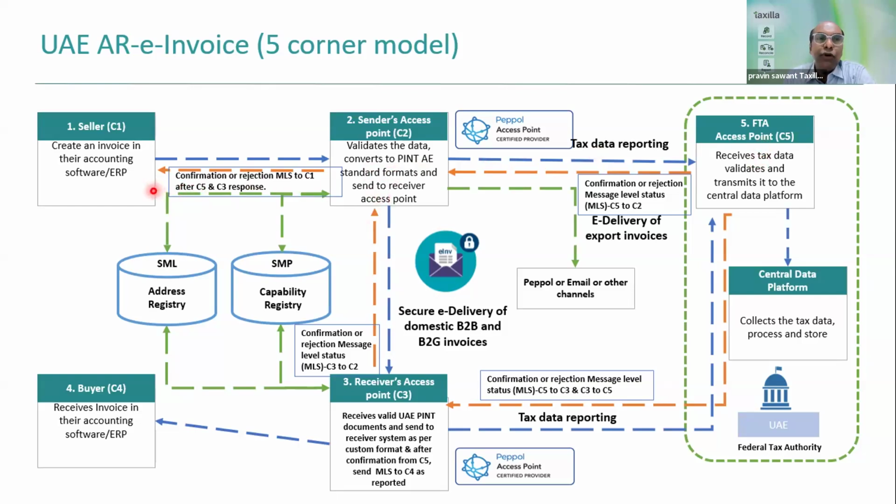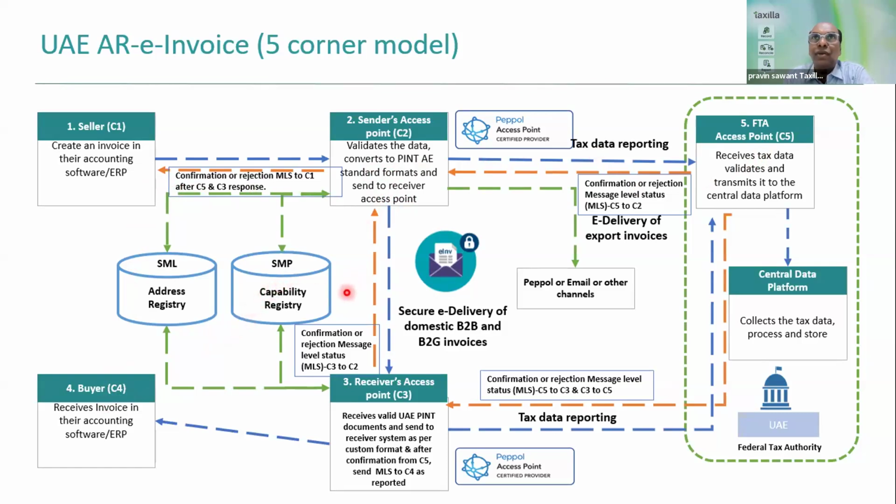After that, it will inform the seller to send a PDF copy to the buyer because the buyer's country is not under PEPPOL. But consider if you are doing export to a country where PEPPOL is there, like Oman, which is coming, Malaysia, Singapore, or any European country.